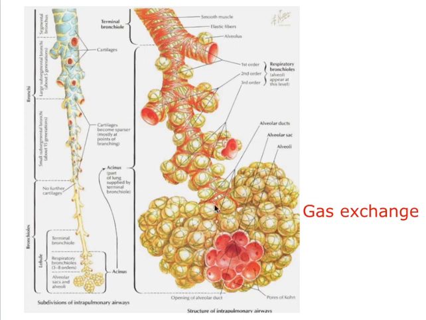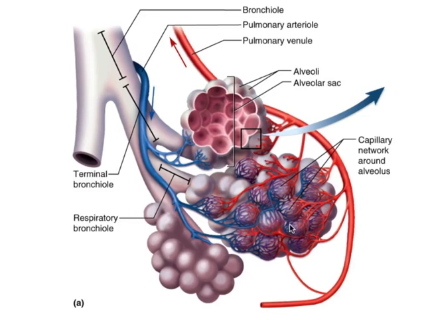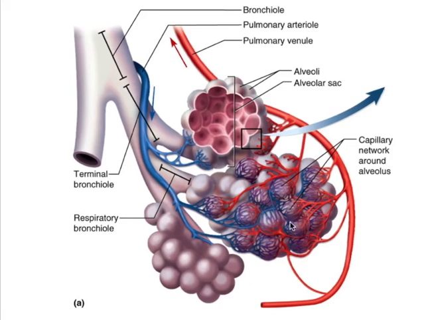You can also see here that the bronchioles are surrounded by a network of capillaries for efficient gas exchange, and that is shown here in more detail. Every alveolus has a network of vessels around it to take up oxygen and to release carbon dioxide as much as possible.